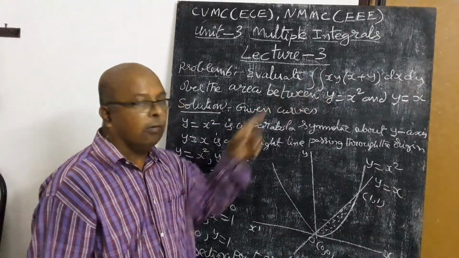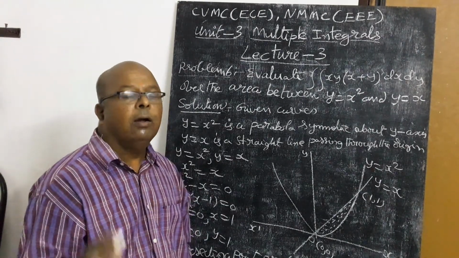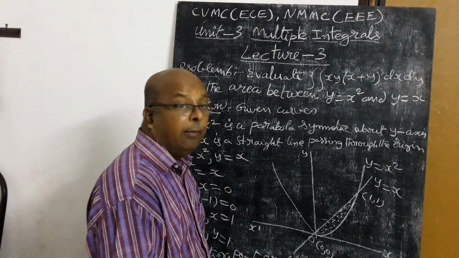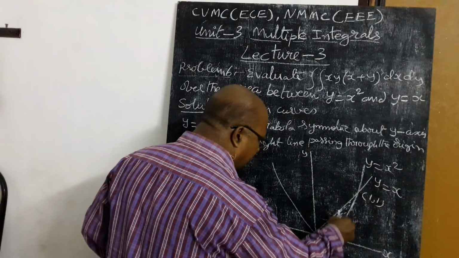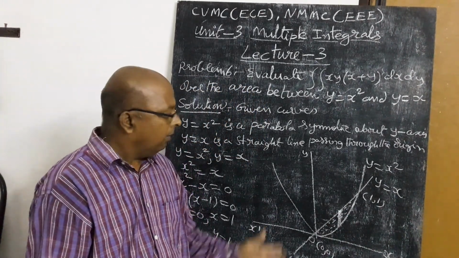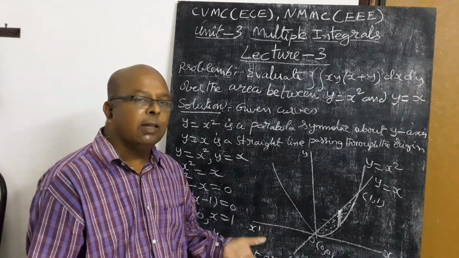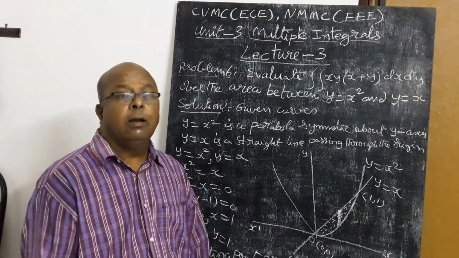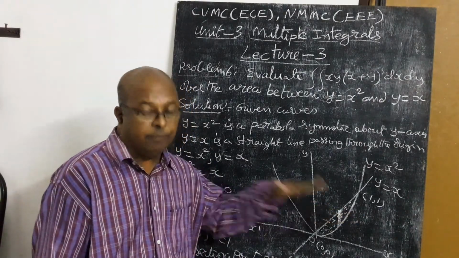No limits are given. We have to calculate the limits. If we want y limits, take an elementary strip parallel to the y axis. So for y limits we first integrate with respect to y, second with respect to x. If we want x limits, take an elementary strip parallel to the x axis.